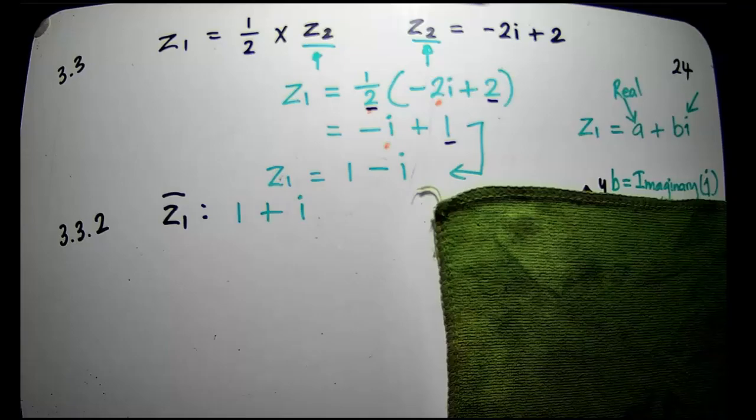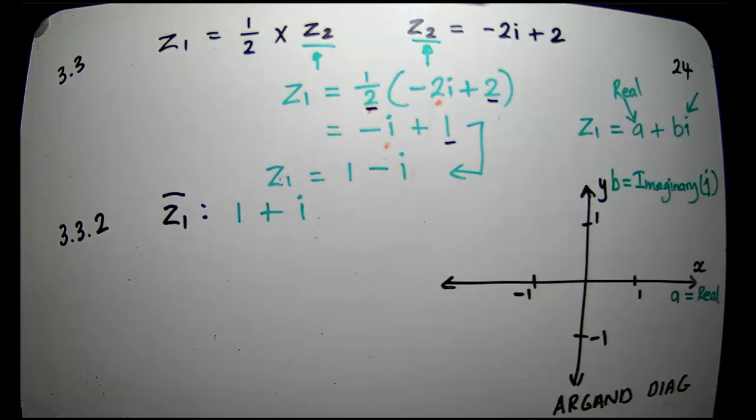Now the Argand diagram is the Cartesian plane. It's the same thing. Right, and notice there's our Cartesian plane. We got x and y. It's exactly the same thing. The negatives are on the left, the positives are on the right. Negative is below the line, positive above the line. The y-axis is still the y-axis, and the x-axis is still the x-axis.